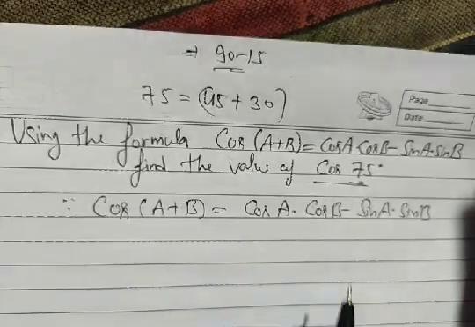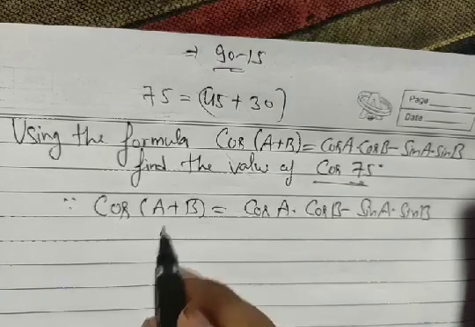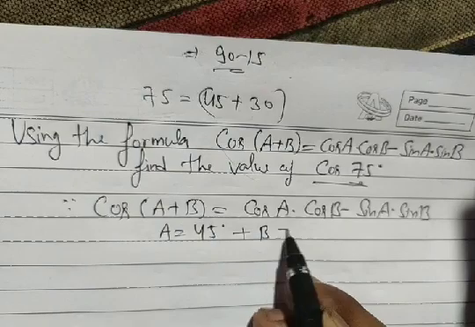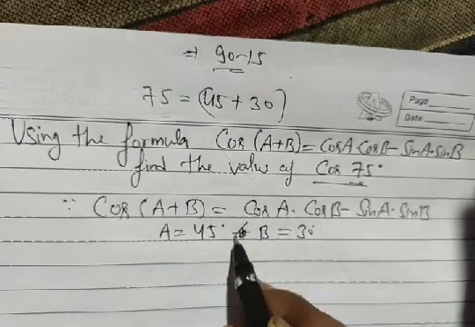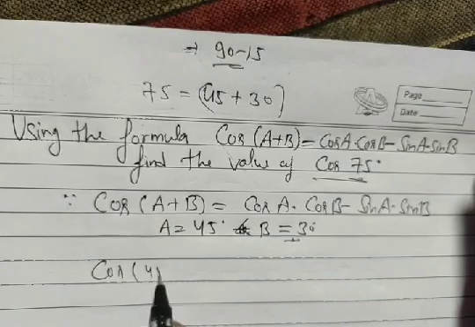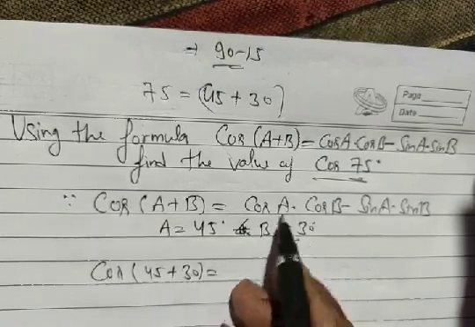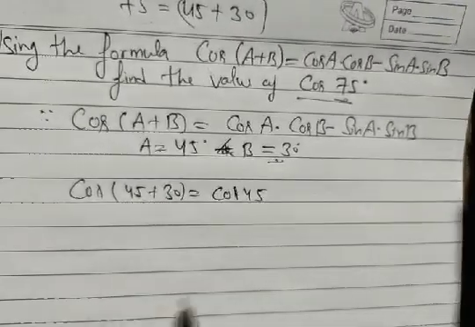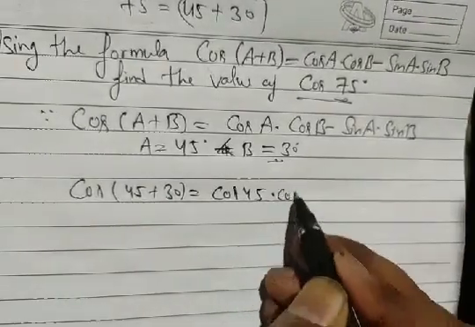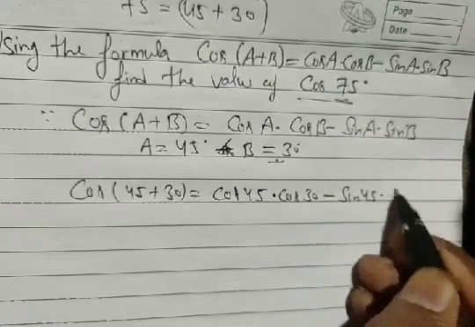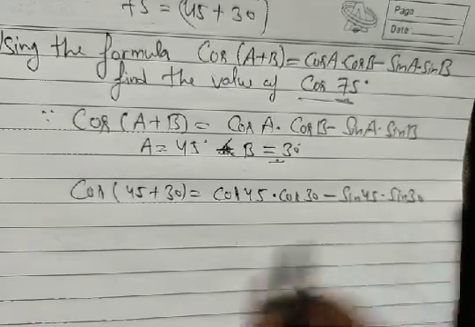To get the value of cos 75, what do we do? We take a equal to 45 degree and b equal to 30 degree. Now cos 45 plus 30, putting here cos 45 into cos 30 minus sin 45 into sin 30.